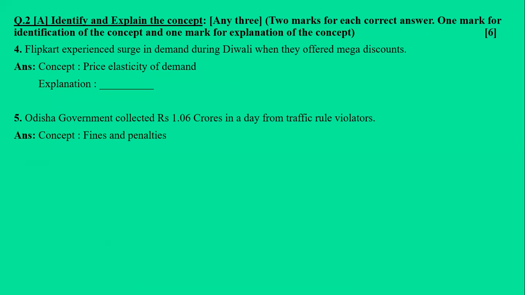What is the concept here? Fines and penalties. Now you have to explain the concept, fines and penalties. Again, remember, while explaining the concept, give the meaning of the concept first and then write the relation between the concept and the above statement, or how the above illustration is related to the concept.